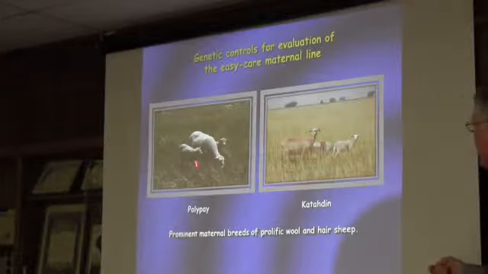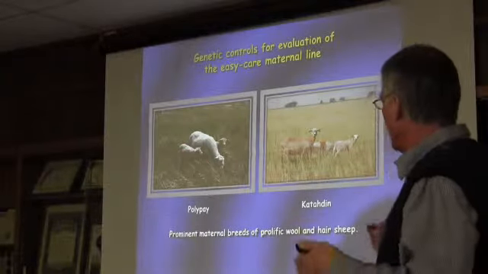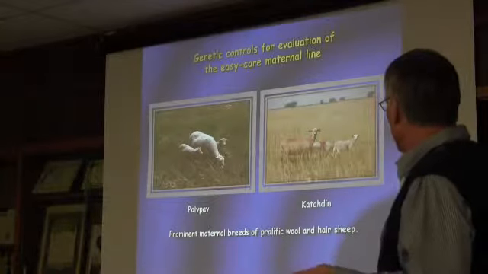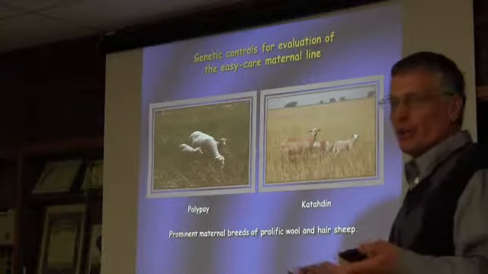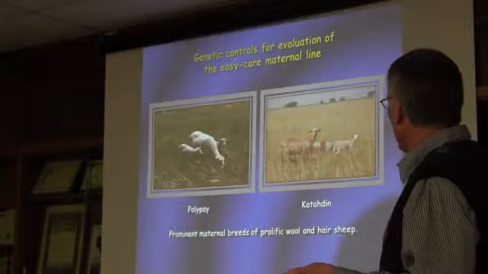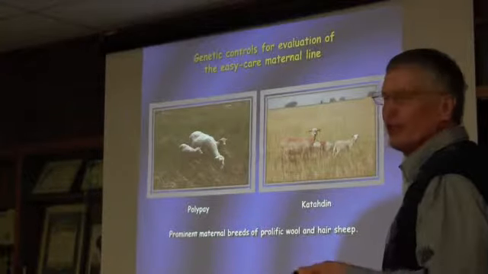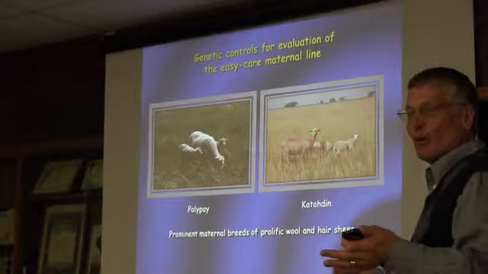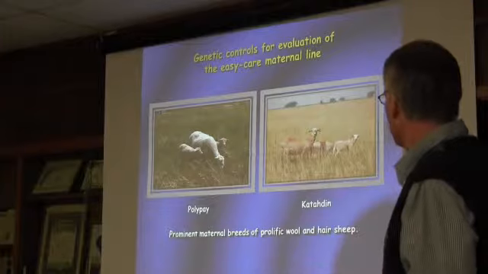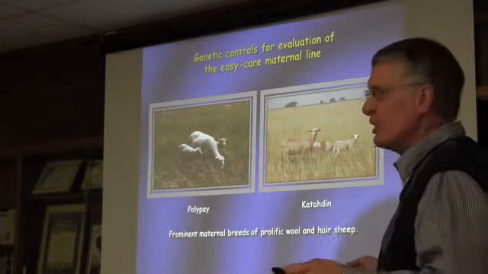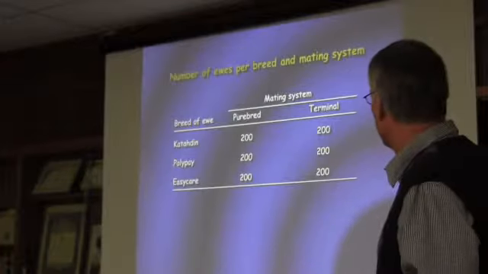So we're going to compare it to the Polypay, which is a good wool breed with good prolificacy, and to the Katahdin, which is our most popular hair breed of sheep. We are now establishing Polypay and Katahdin flocks at our research center. They also lamb and raise out on pasture, just like our easy care. So they're going to be our genetic controls to gauge how well our new line is going to do.